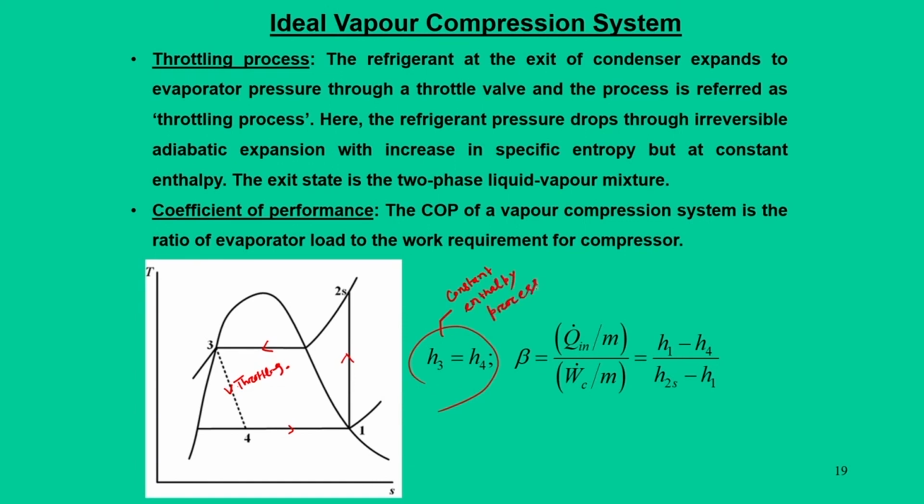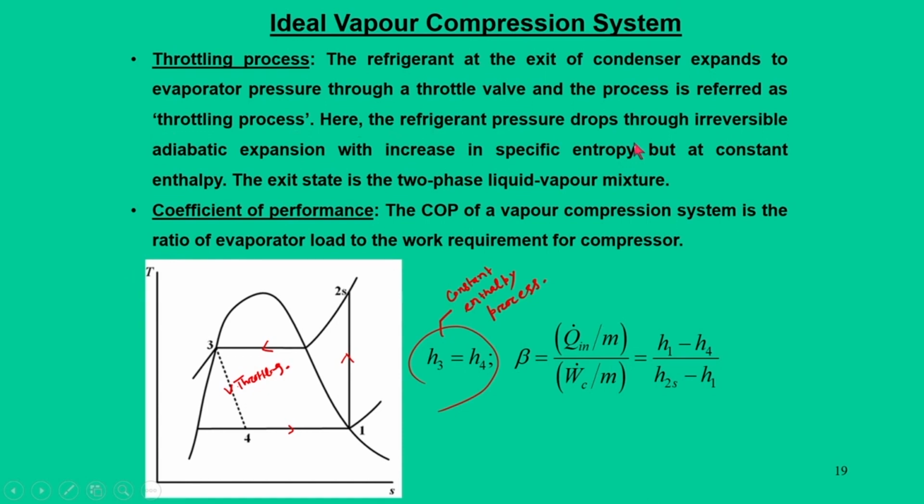In a constant enthalpy process, H3 at state point 3 is equal to H4. In a throttling process, the refrigerant at the exit of the condenser expands to the evaporator pressure through a throttle valve, and the process is known as a throttling process.